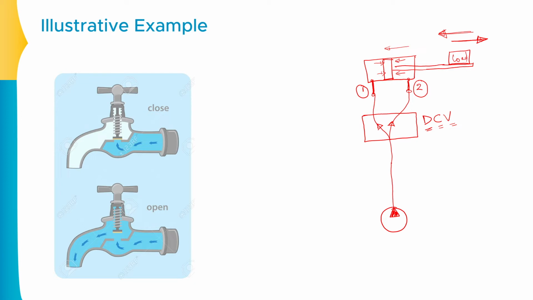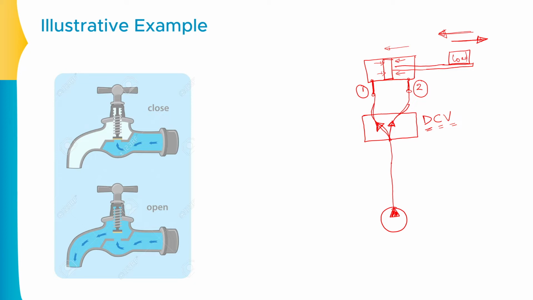It will help me to decide whether I want to move my fluid towards position number 1 or towards position number 2. So there are multiple positions available in which the direction control valve can be actuated, and I can decide from those available positions. So this is where the direction control valve comes into the picture.